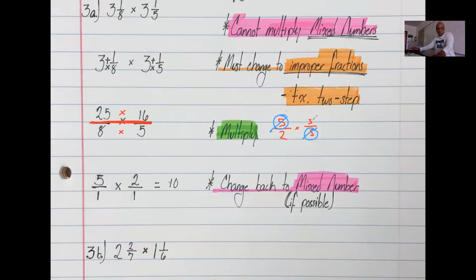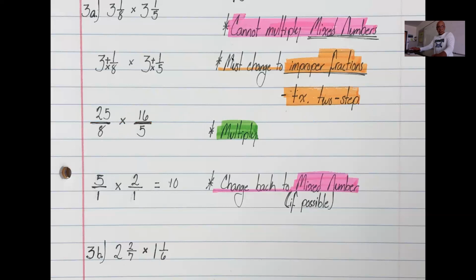And so I'm left with just a 3 in the numerator and a 2 in the denominator. So yes, 5 halves times 3 fifths will give me 3 halves. If you don't believe me, well, 5 times 3 is 15, 2 times 5 is 10, and when you simplify that, it simplifies to 3 halves. That's just an easier way to simplify before you multiply.